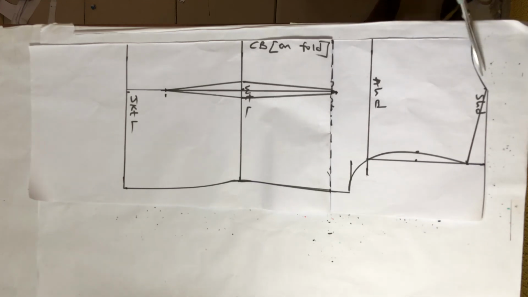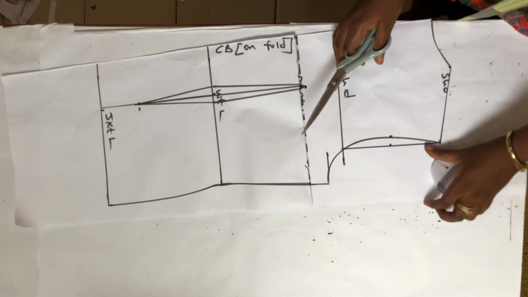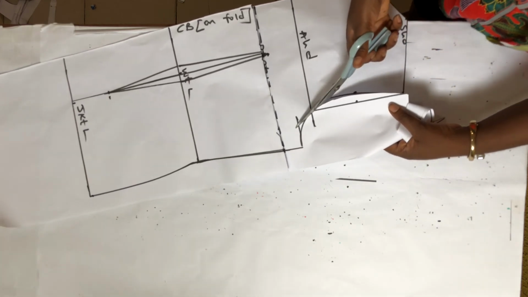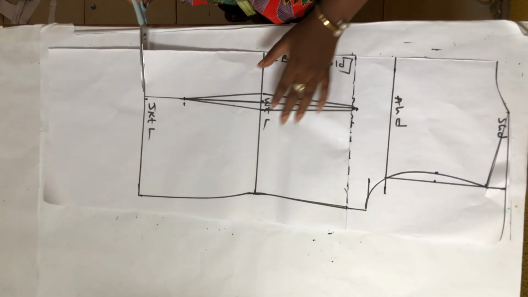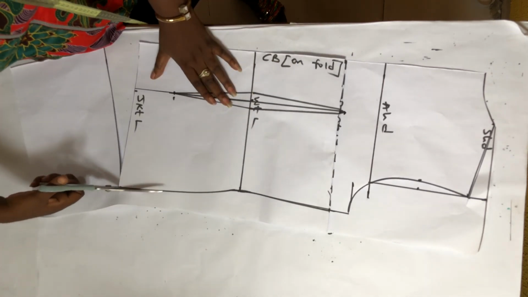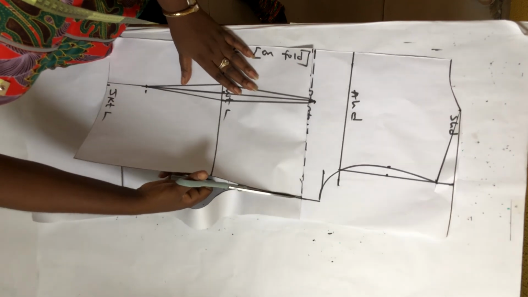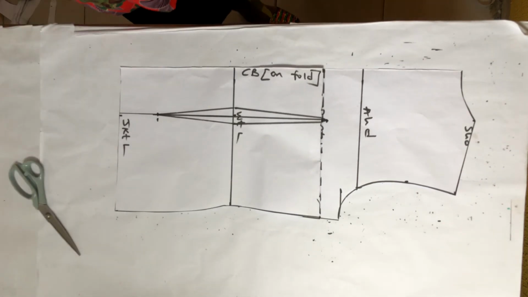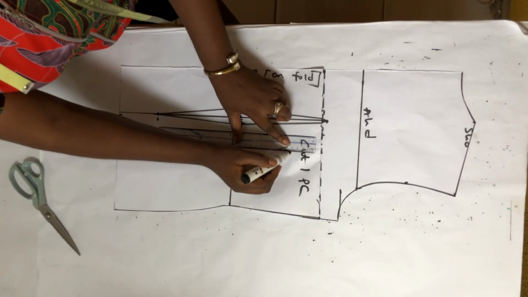Now cut it out. I'm going to cut one piece of this, and this is my straight grain.